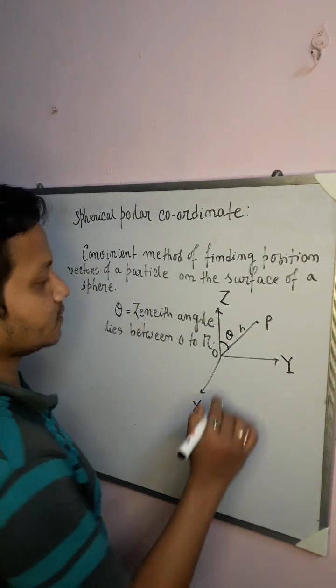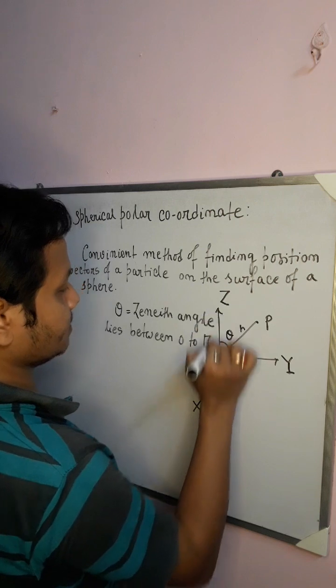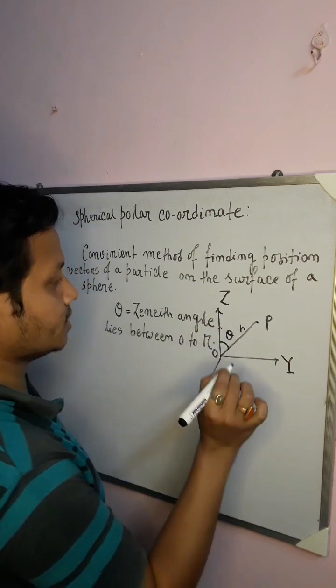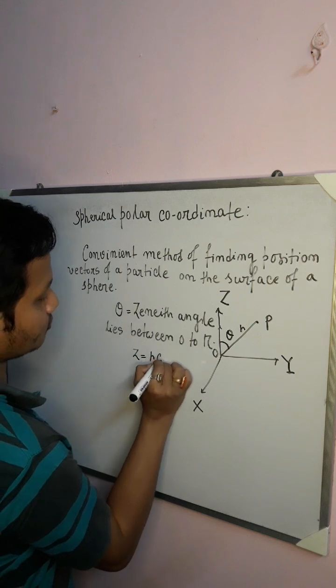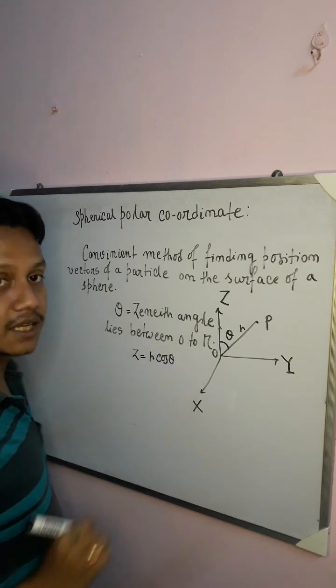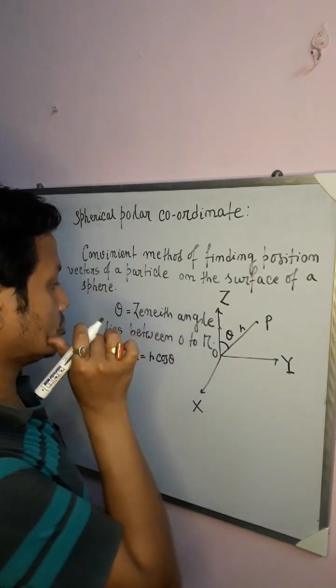So if we call the vertical coordinate z, then simply we can write z equals r cos theta.